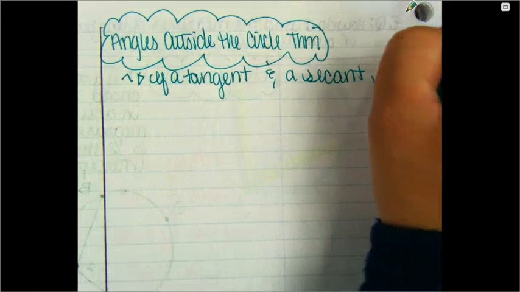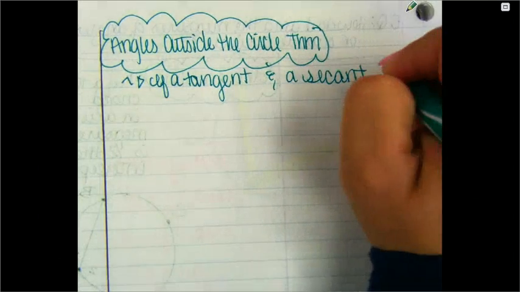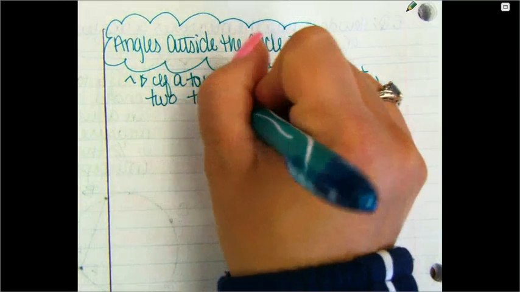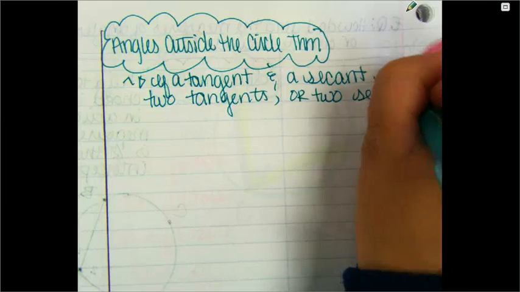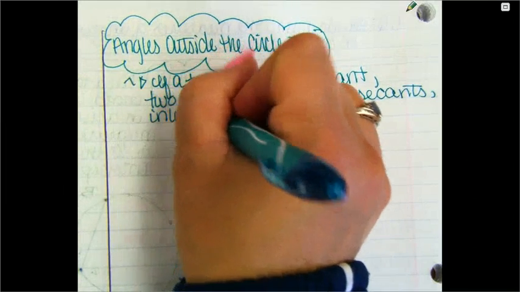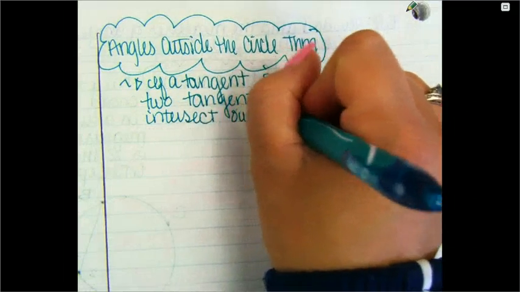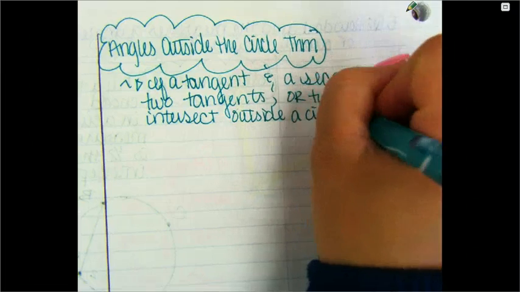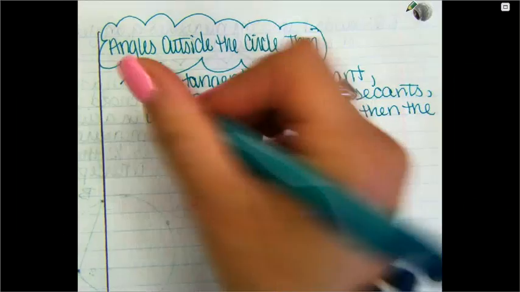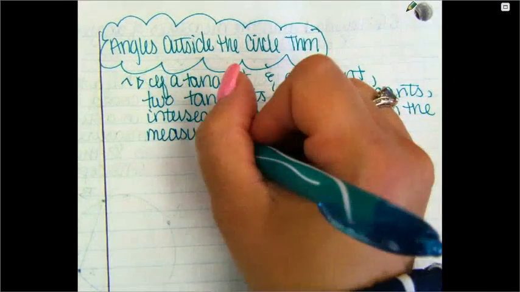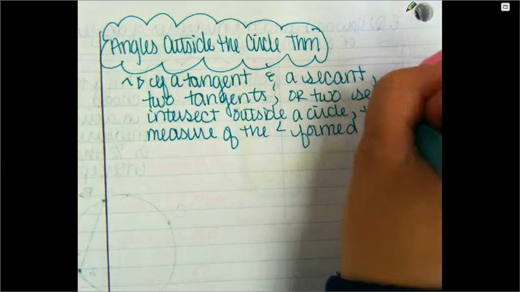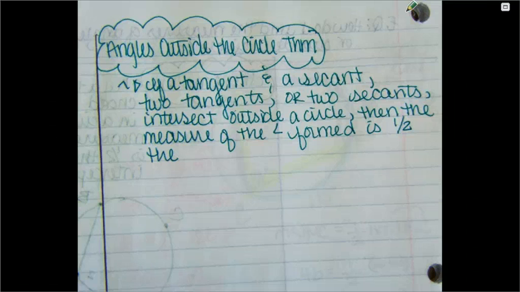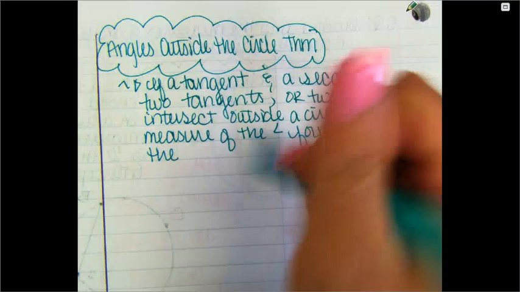So if a tangent and a secant, comma, two tangents, comma, or two secants, intersect outside a circle, then the measure of the angle formed is half, if inside was sum, outside's probably difference.